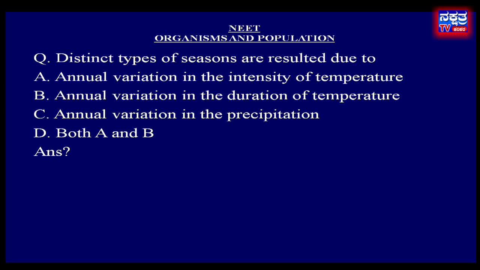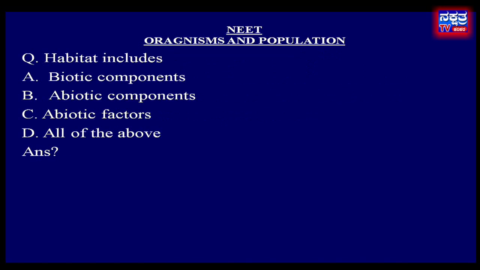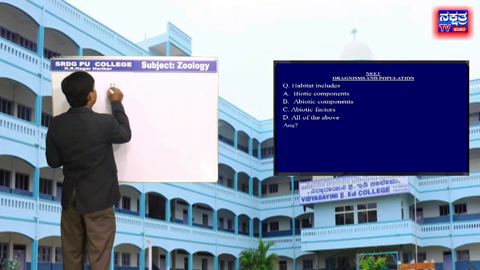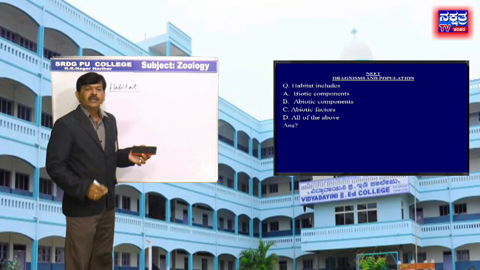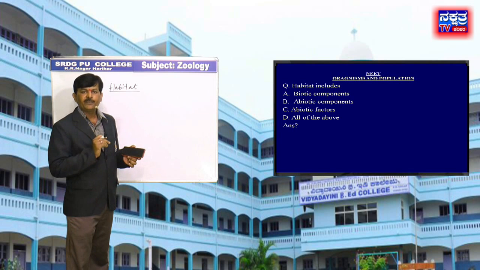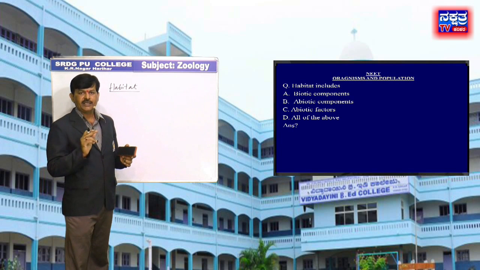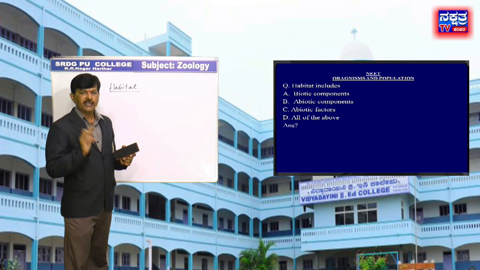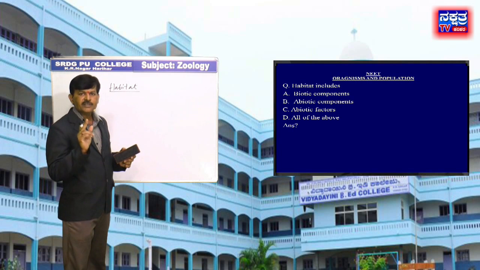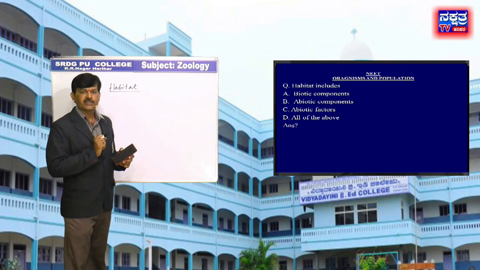Move to next question. Habitat includes option A biotic components, B abiotic components, C abiotic factors, D all of the above. The word habitat means dwelling places or living places. In ecology, a habitat is the kind of natural environment in which a particular organism or species lives.